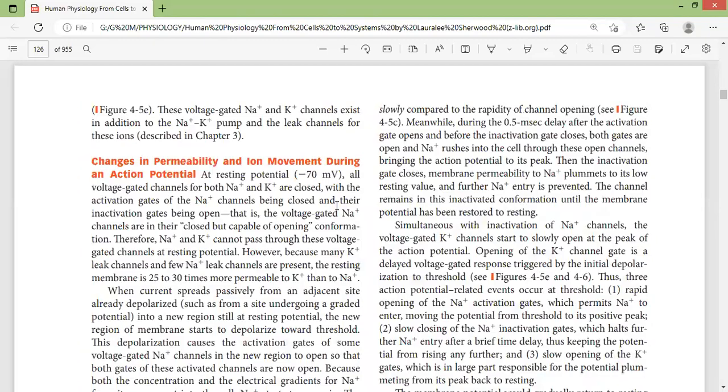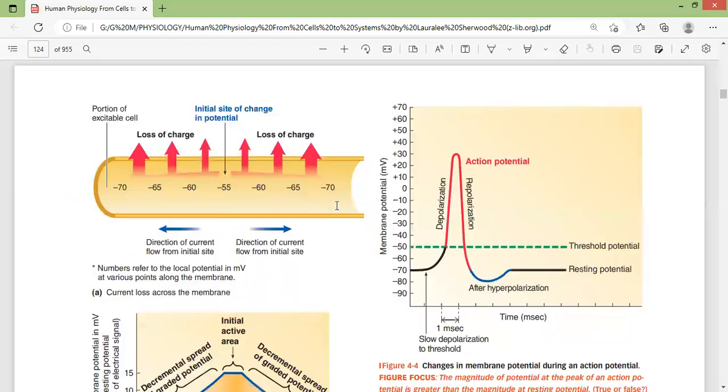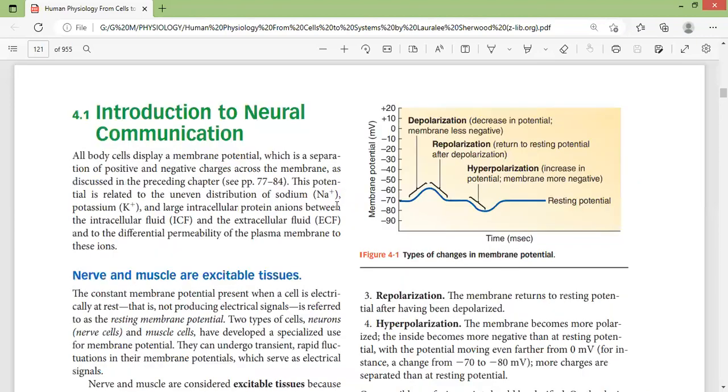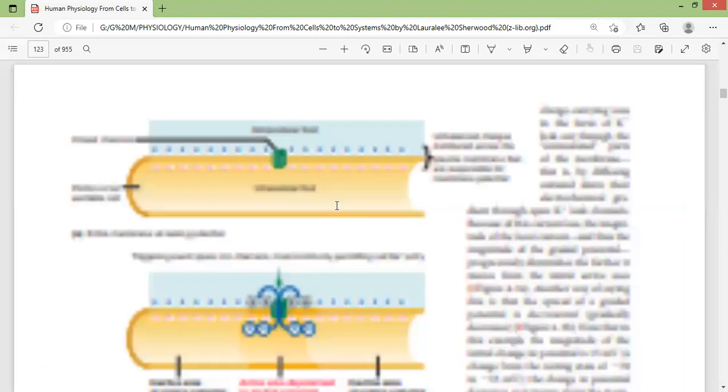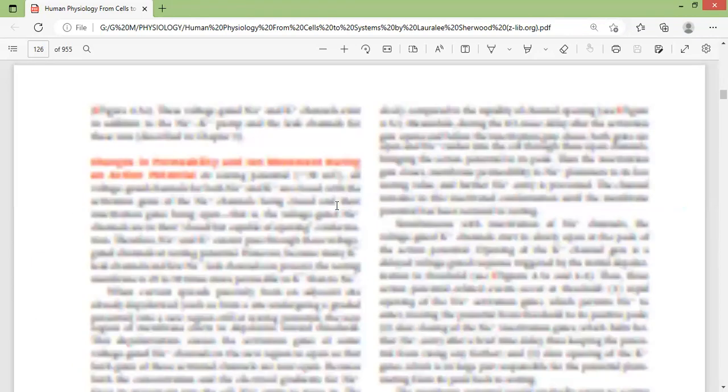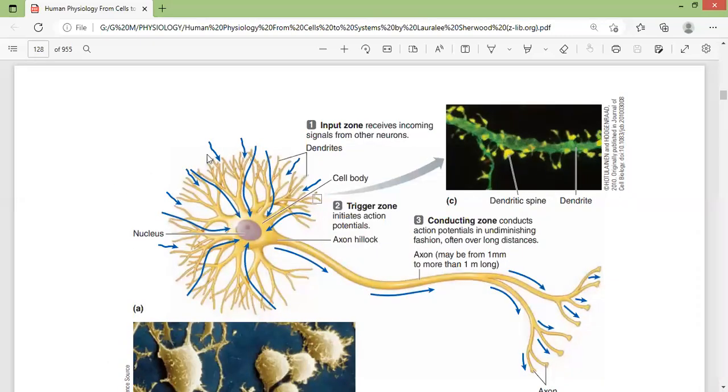Simple here, let's just look at the structure of the neuron real quick. The neuron is composed of the dendrites, and from the dendrites, this is where your stimulus, the information, the signals will be coming from. For example, if this is a touch receptor, when someone is touched, the signal is first taken up by the dendrites.